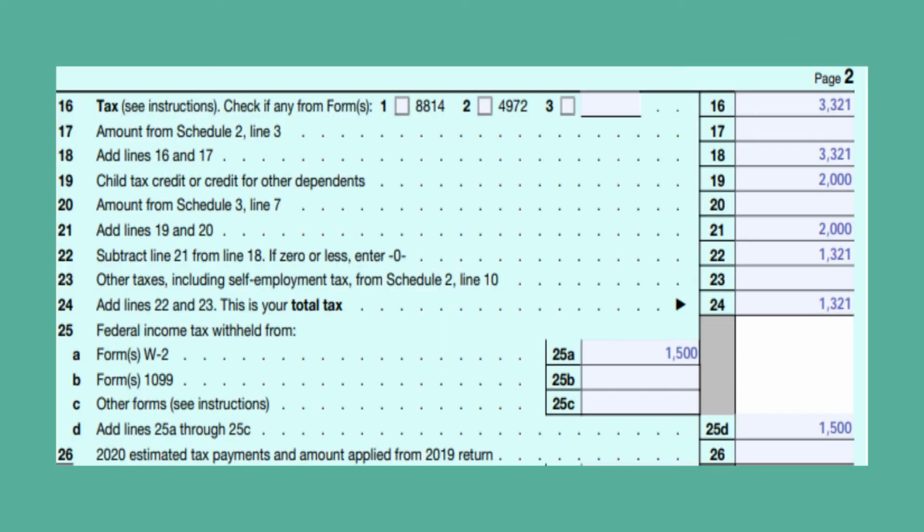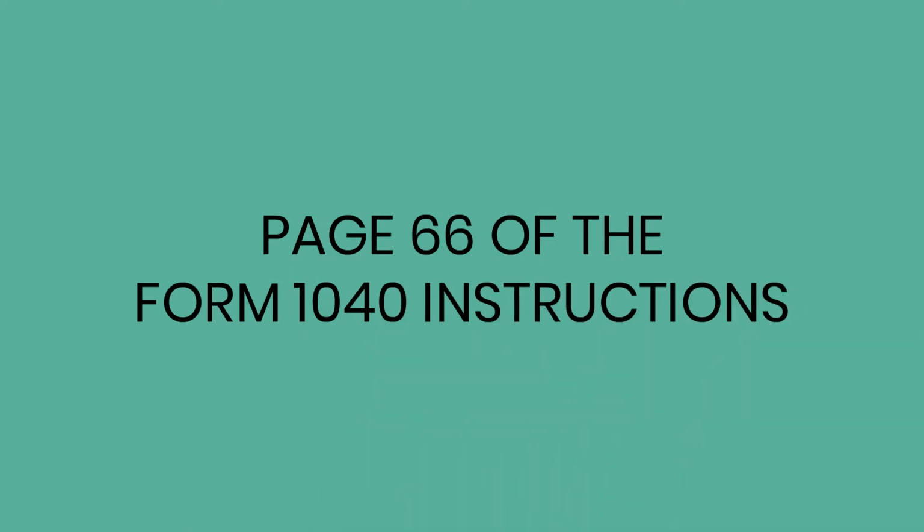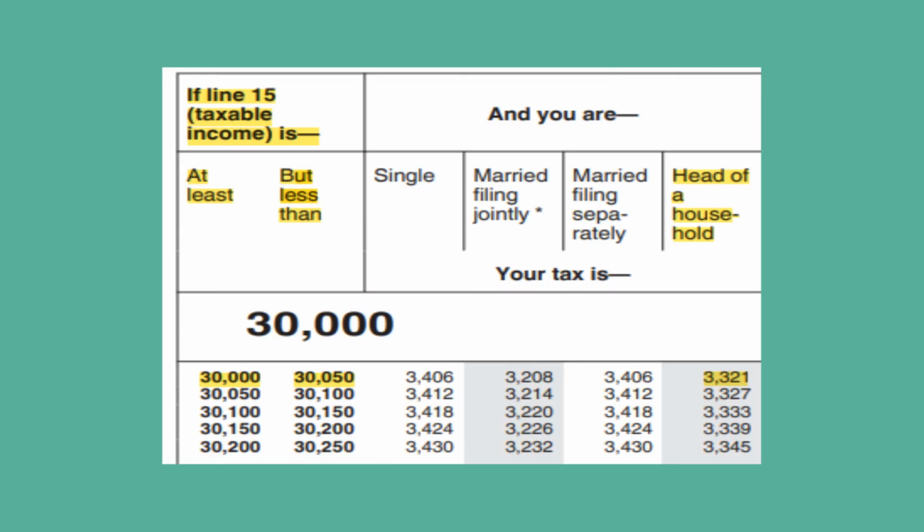On line 16, we will put your tax. You can find the tax tables beginning on page 66 of the Form 1040 instructions. Since your taxable income was at least $30,000 but less than $30,050 and you are head of household filing status, your tax is $3,321.